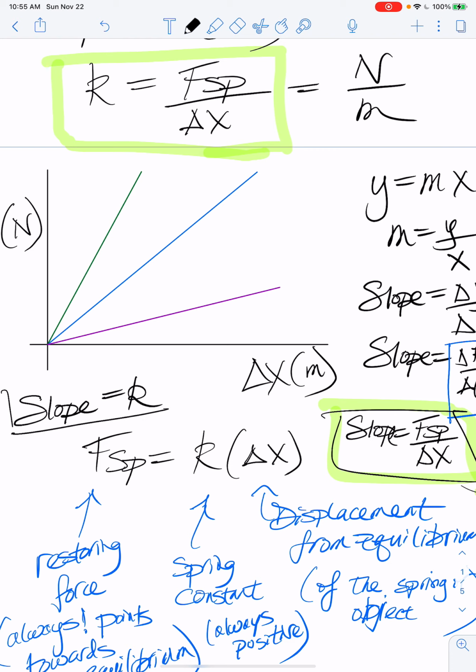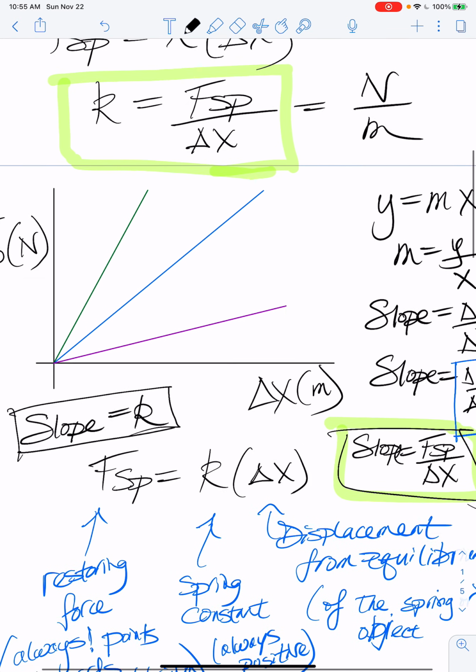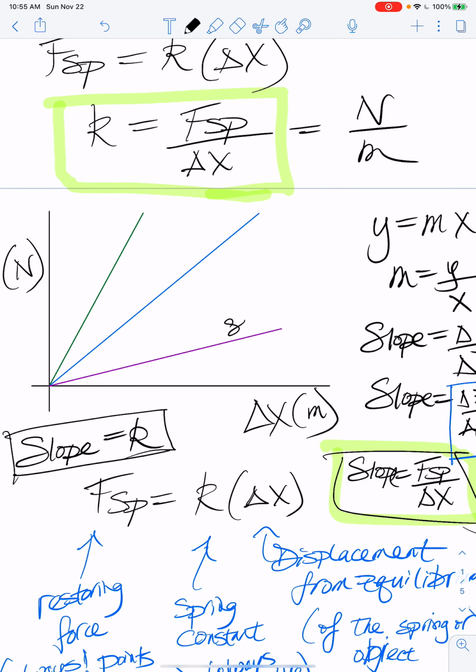That's my point. Okay, so since that's true, then this is a small k, this is a large k, because this is a small slope, and this is a large slope.